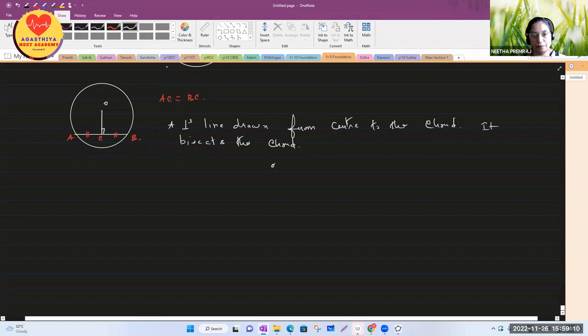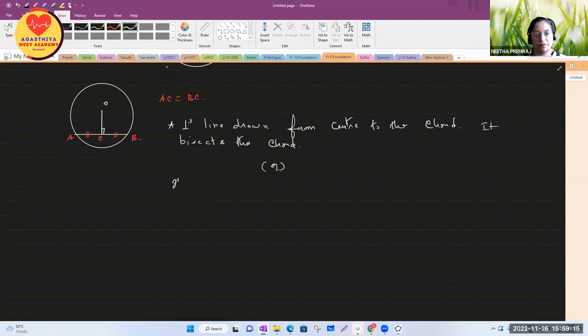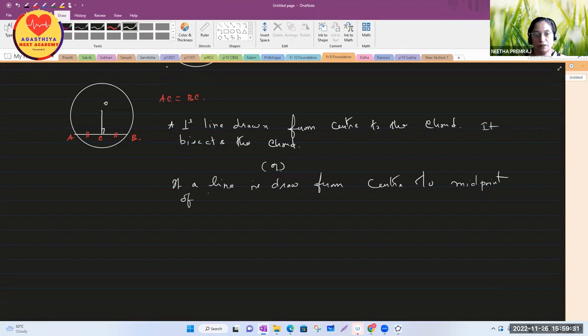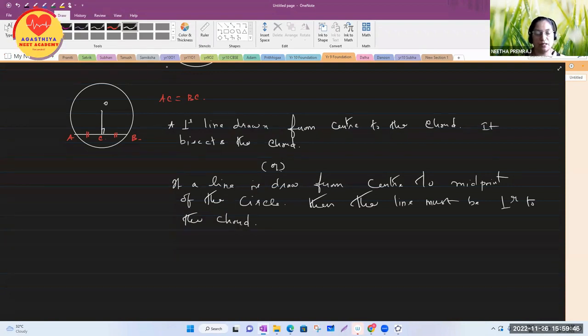Another way, you can say, if a line is drawn from the center to the midpoint of the chord, then the line must be perpendicular to the chord. So you can say either way.